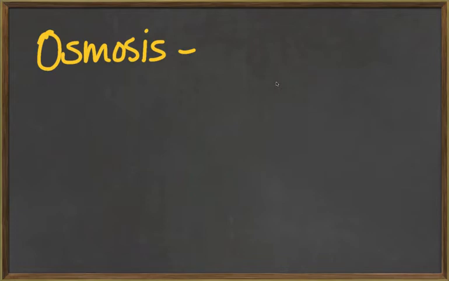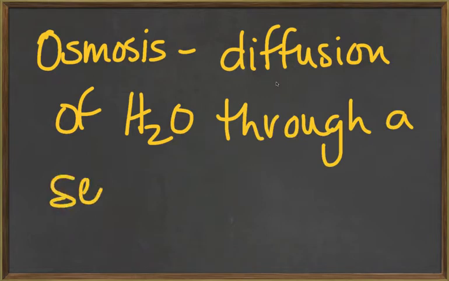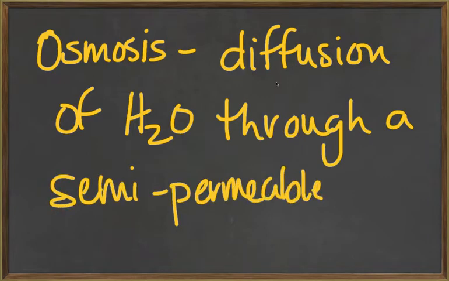Osmosis is really simple to talk about, but it gets complicated because I can talk about it in a couple of different ways. Simply, osmosis is the diffusion of water through a semi-permeable membrane. It works just like diffusion does.